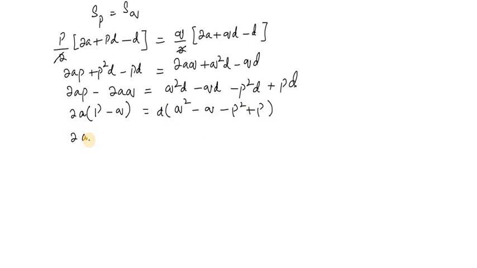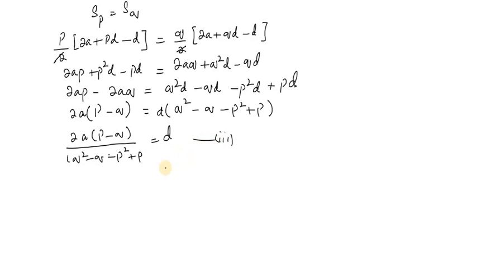So d = 2a (p − q) upon (q square − q − p square + p). This is the value of d. We say this is our equation number 3.